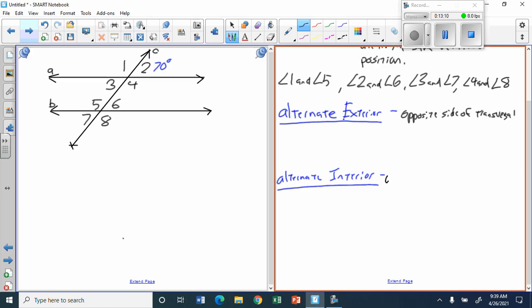I'm going to put that on both of these. Opposite side of the transversal.